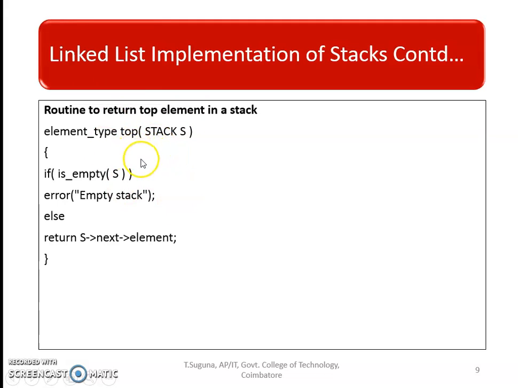If the element is available in the stack, then only it returns the successful value, otherwise it returns false. So we have to check whether the stack is empty or not. If the stack is empty, then it displays the error as empty stack, otherwise it returns the top of the stack as a return value.